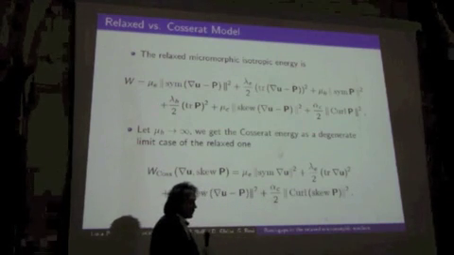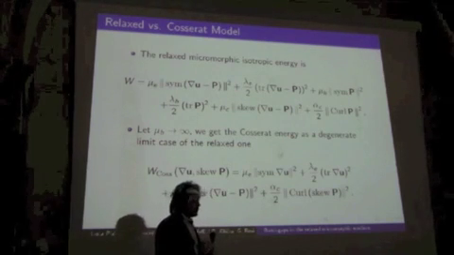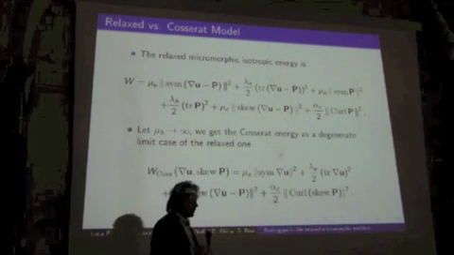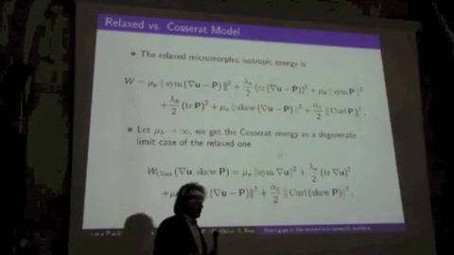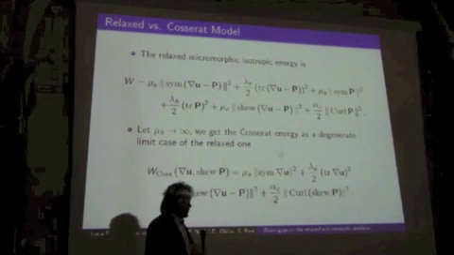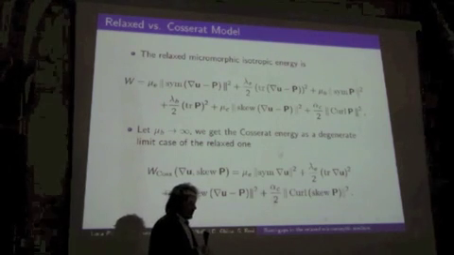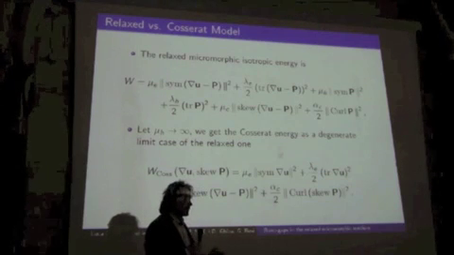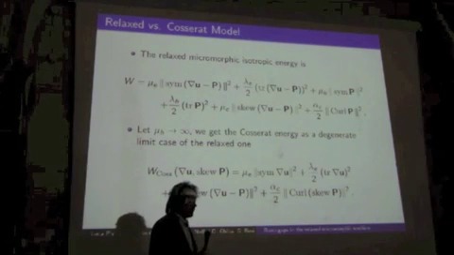And the relation between the relaxed micromorphic isotropic energy, shown now on the top side, and the energy for the Cosserat medium is shown here as the limit case of the parameter mu h going to infinity.